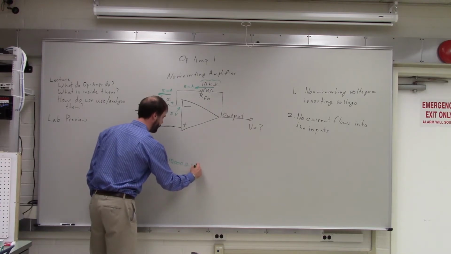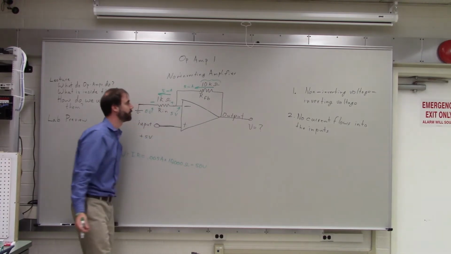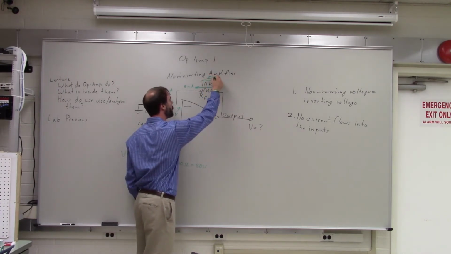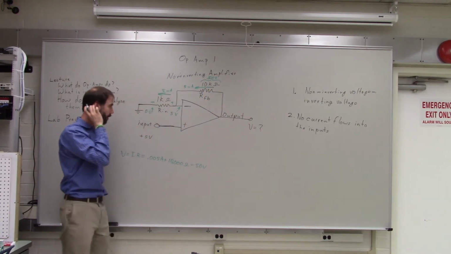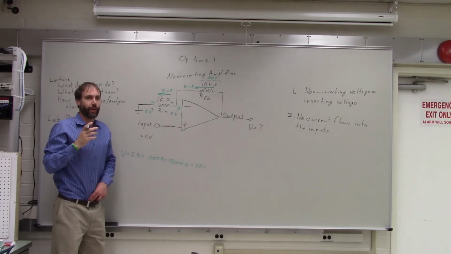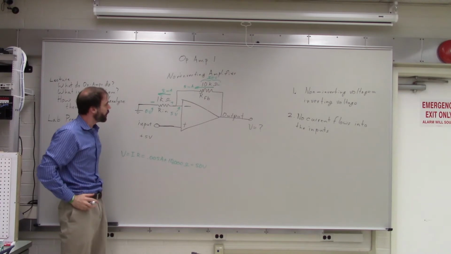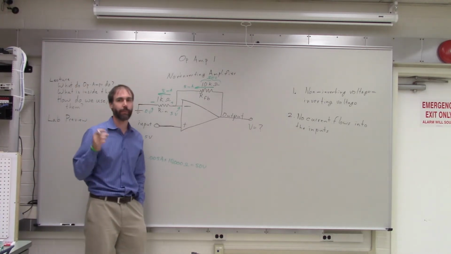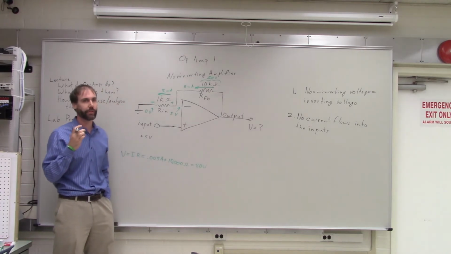So that's 50 volts, right? So now we can figure out the output voltage. Now this is kind of tricky, right? You might jump ahead and say, oh, well, it must be 50 volts, right? But be careful, it's not 50 volts.